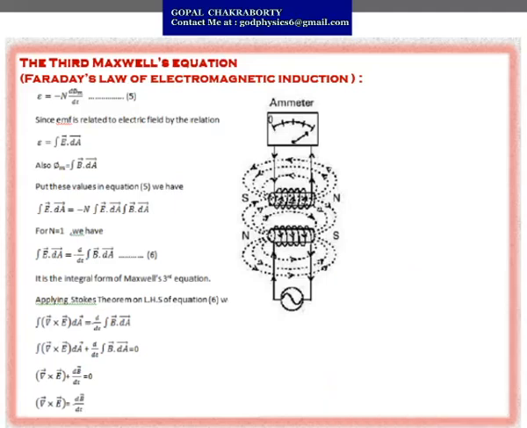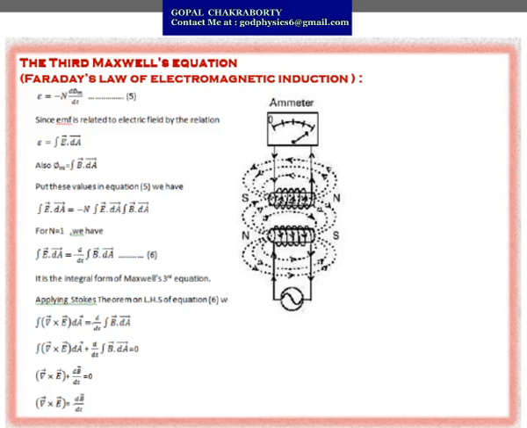Now we can consider, as per Faraday's law of electromagnetic induction, E equals minus n d phi dt. Since EMF is related to the electric field by the relation E equals the integration of E dot dA, and the magnetic flux equals the surface integral of B dot dA, we put these values in equation 5.